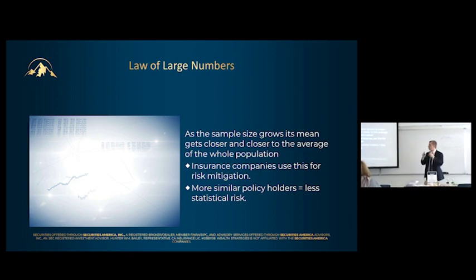Because the numbers can be so different, if I'm looking at a population of 100, but then I only look at 2, I might have a 30% return and a negative 50% return. And that wouldn't make any sense because it wouldn't average out to our average. But the more we start to add in data, the closer and closer the average of what I'm looking at starts to represent the total data.